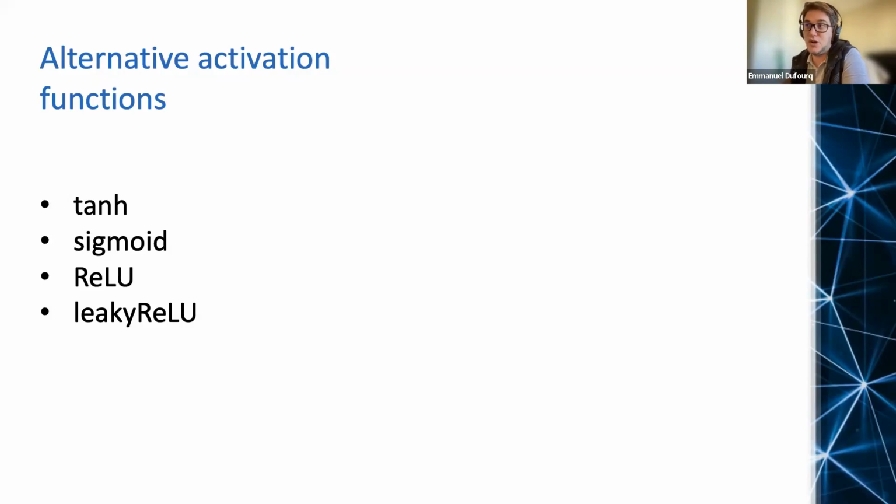But in modern neural networks, we don't use a step function. We use different functions, such as hyperbolic tangent, the sigmoid, ReLU, and there's many of them. And actually, a nice research question is, can you discover new ones? So that's a fun question.